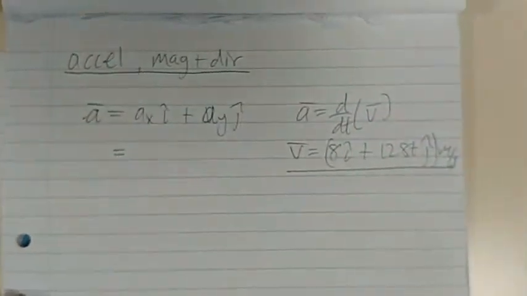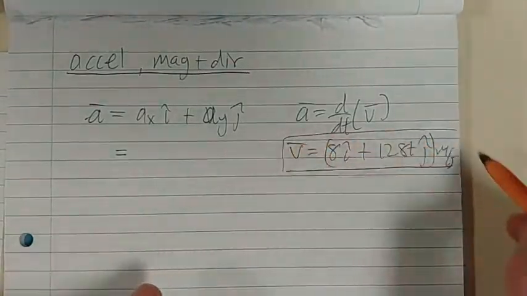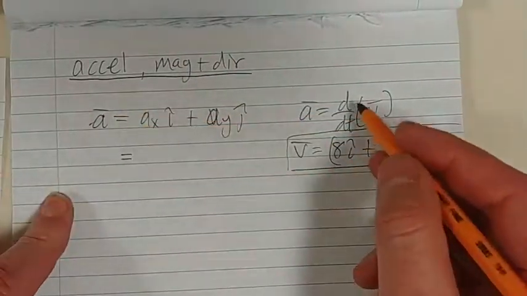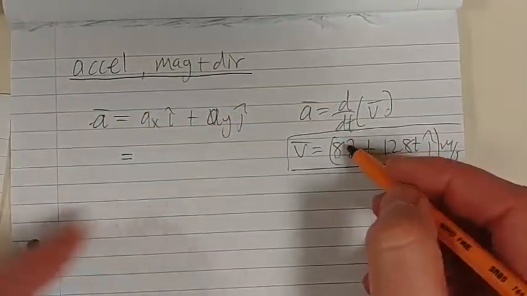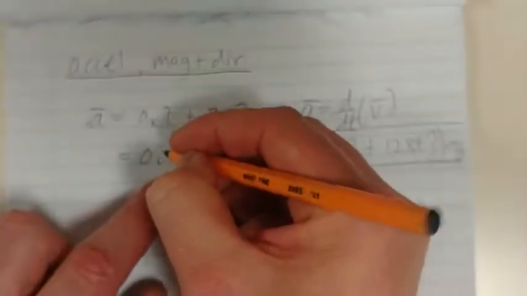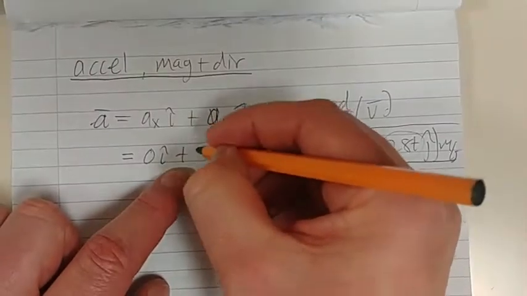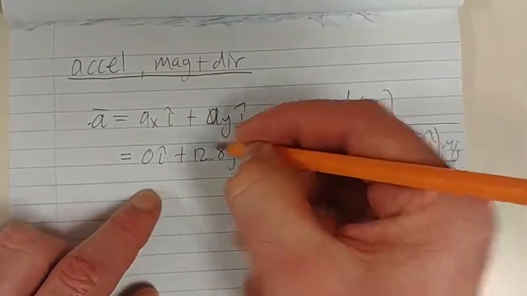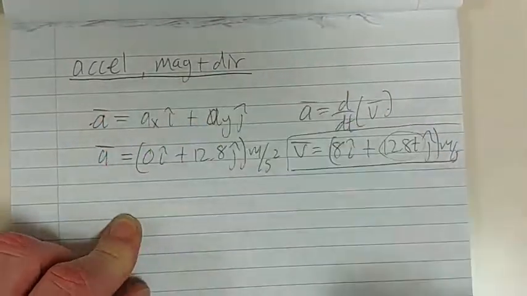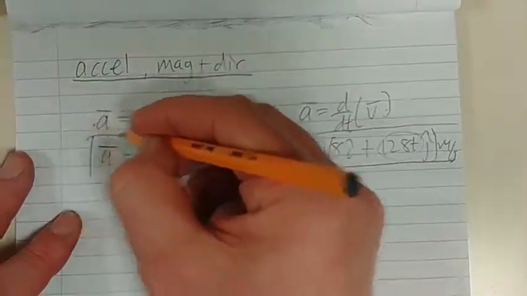This is how I like to do these problems because it gives me the big picture. I see where everything fits in. Now, a is d/dt of v. What is the change of the first term over time? It's 0. The change of the second is 12.8 j meters per second squared. So there's my acceleration vector.